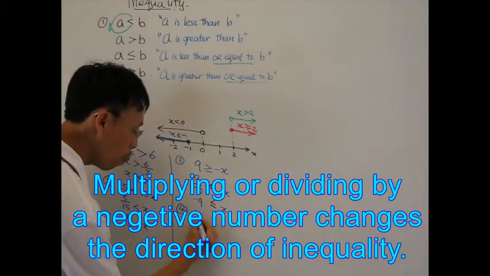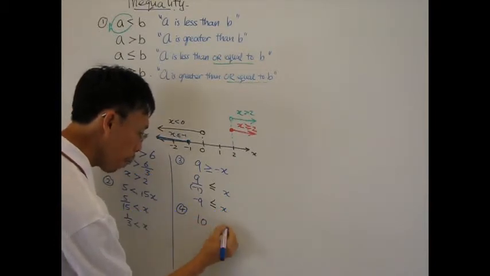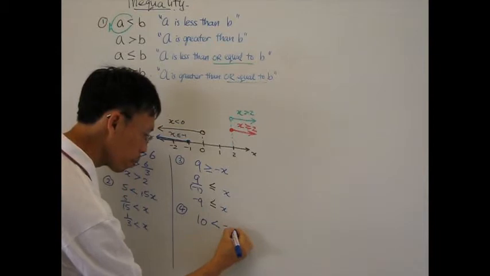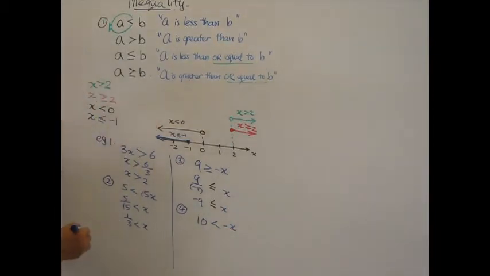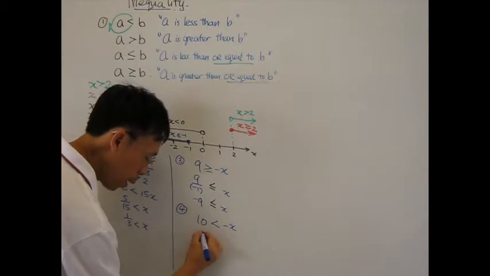Okay, so how about something like this? 10, like this. What is the solution for x then? Very good. The solution for x is dividing by -1.